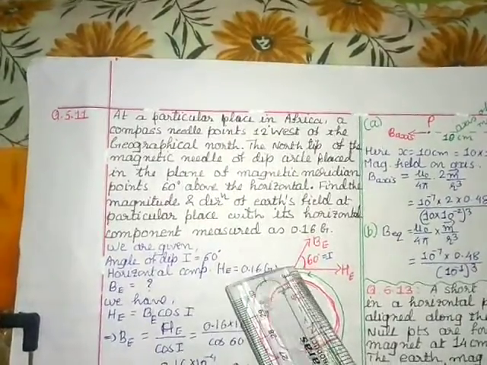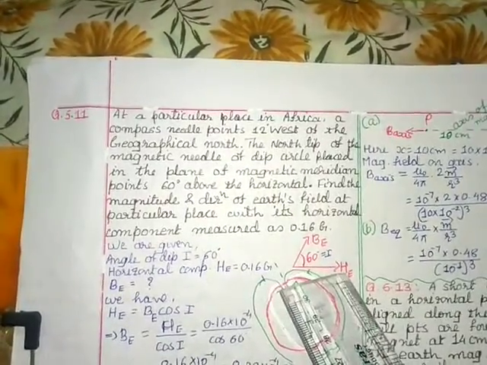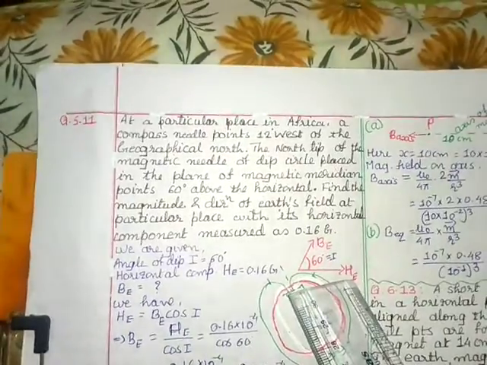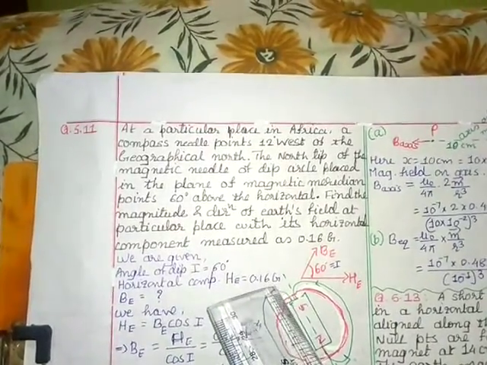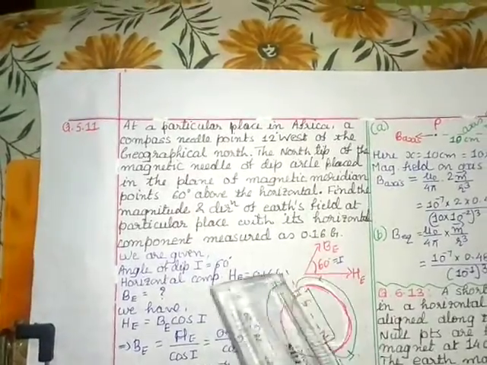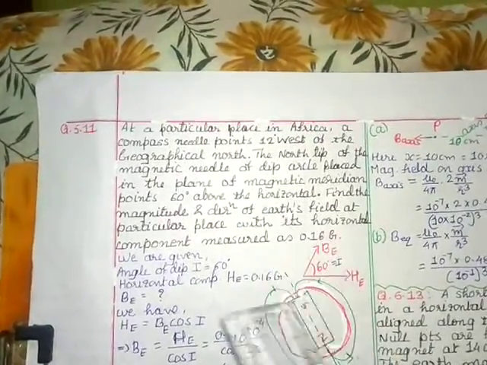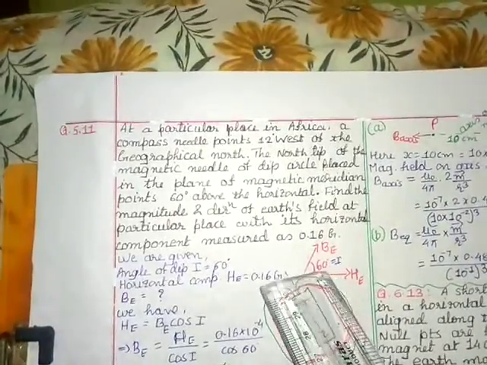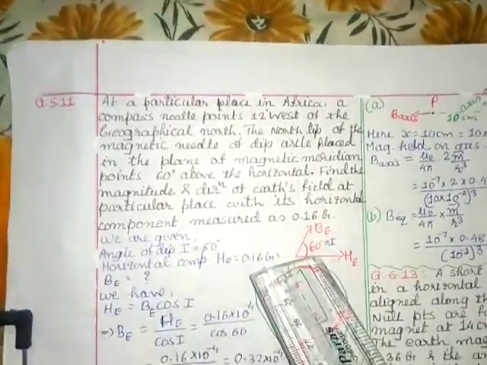This is the horizontal component of Earth's magnetic field, given as 0.16 Gauss. This is the Earth's magnetic field, this is the horizontal component and this will be the vertical component. The angle between these two is the angle of dip, which is given as 60.